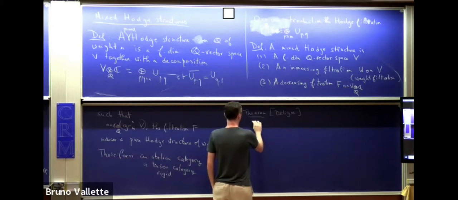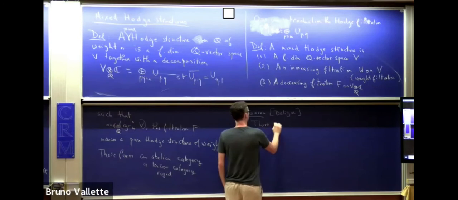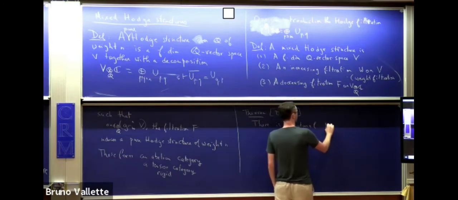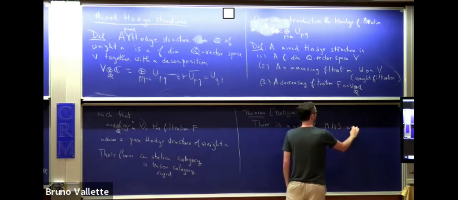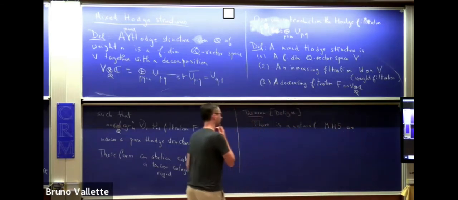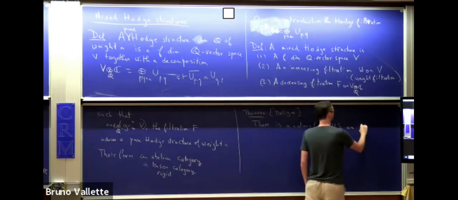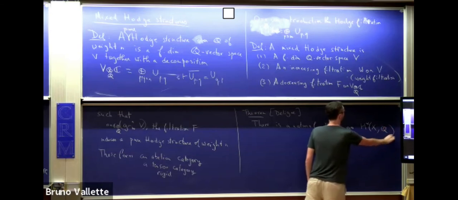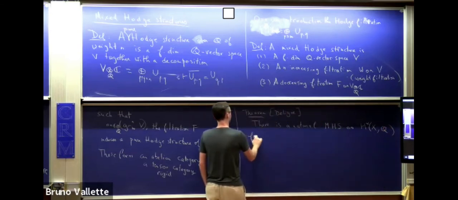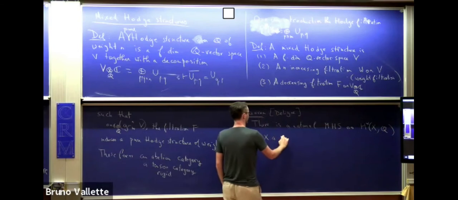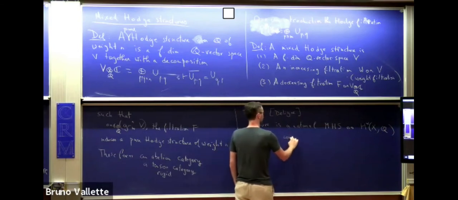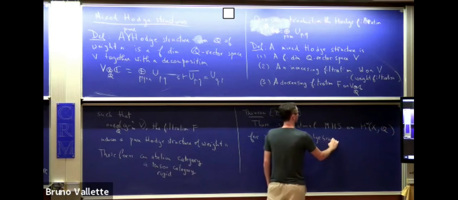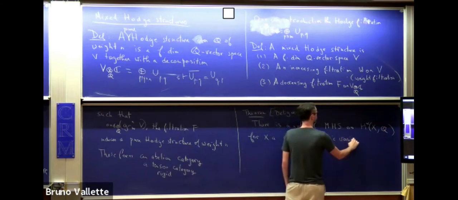There is a natural mixed Hodge structure on the cohomology of X with Q coefficients, for X a complex algebraic variety.